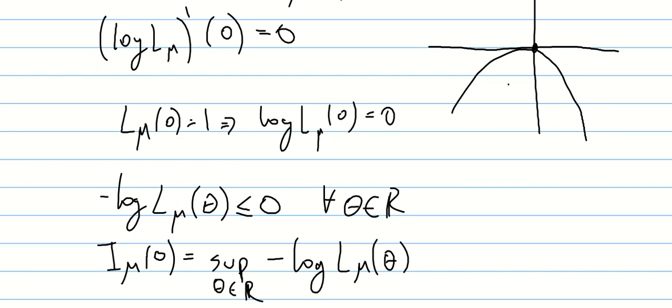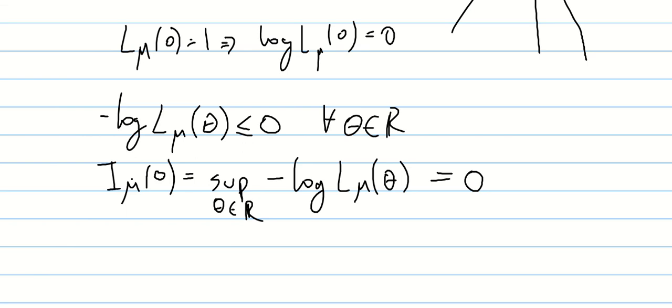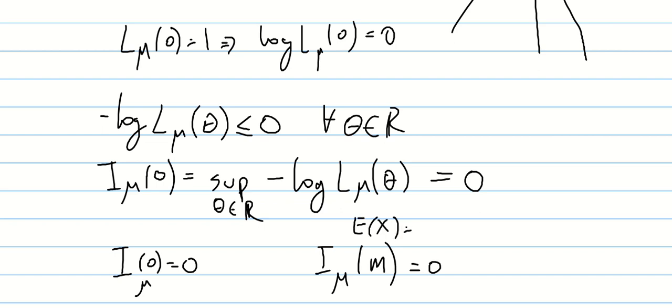And we know that this function has value 0 here, and it's smaller or equal to 0 everywhere, so the supremum is exactly 0. So we just proved that I of 0 is 0. Actually, we proved that I mu of m is 0. By this linear transformation, we proved it for 0 when the expectation is 0, but in general, if the expectation of x is m, I mu of m is equal to 0.